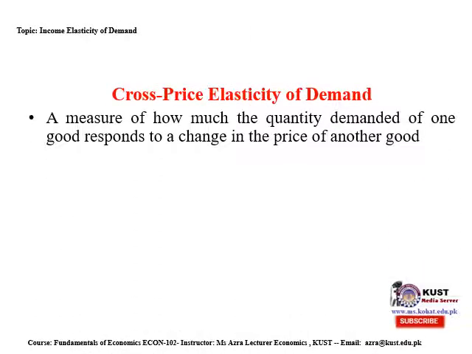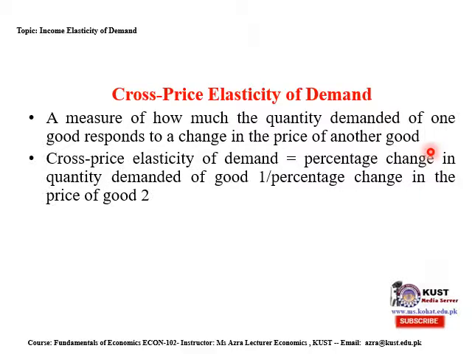What is cross price elasticity of demand? A measure of how much the quantity demanded of one good responds to a change in the price of another good. Cross price elasticity of demand is equal to percentage change in quantity demanded of good 1 divided by percentage change in price of any other good, which we can call good 2.